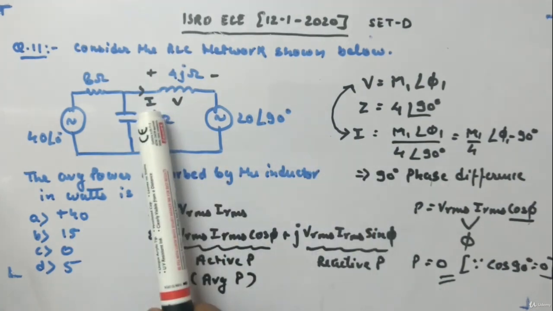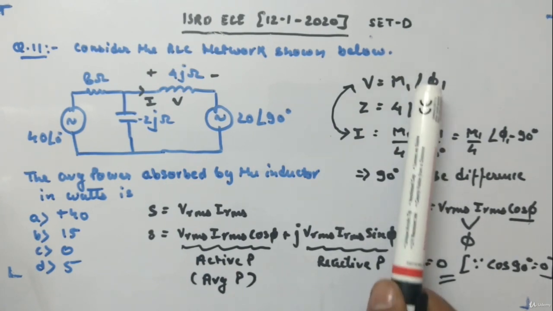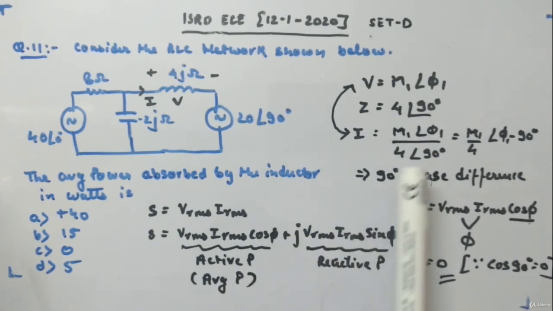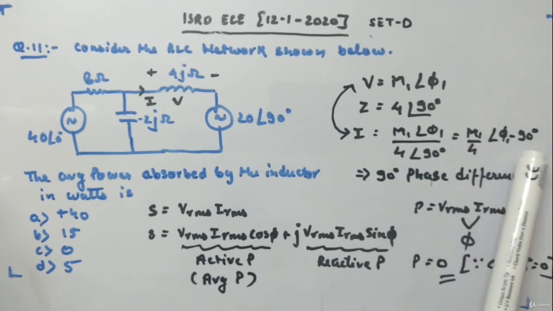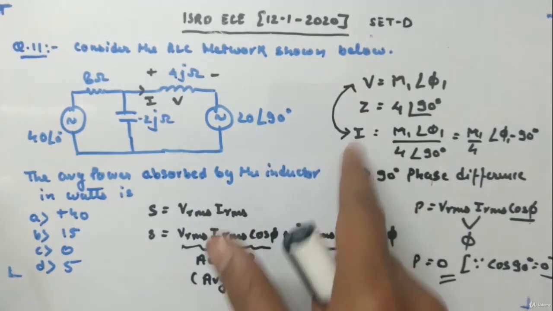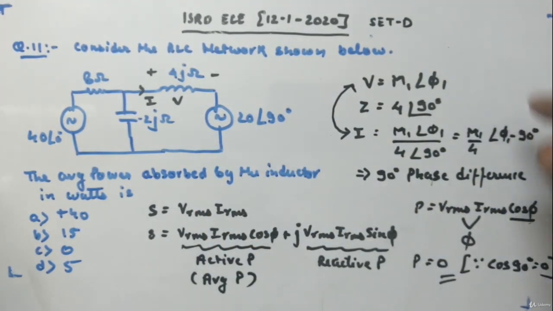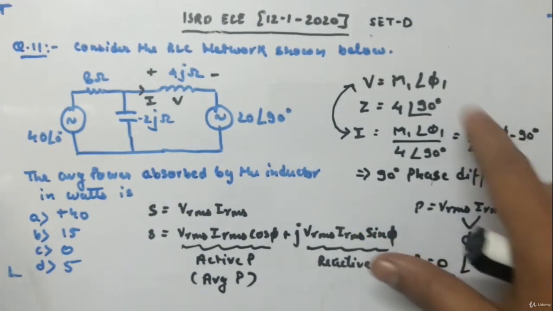If you calculate I, you will have M1 angle Phi1 divided by 4 angle 90 degree. It will have magnitude M1 by 4, but phase will be Phi1 minus 90 degree. So if you compare V and I, you can see the phase difference is 90 degree between V and I.